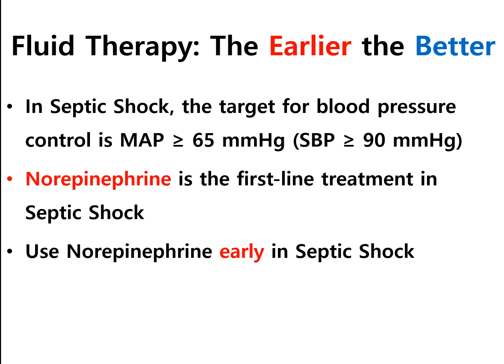In septic shock, the target for blood pressure control is mean arterial pressure higher than 65 mmHg. Norepinephrine is the first-line treatment in septic shock. Use norepinephrine early in septic shock.